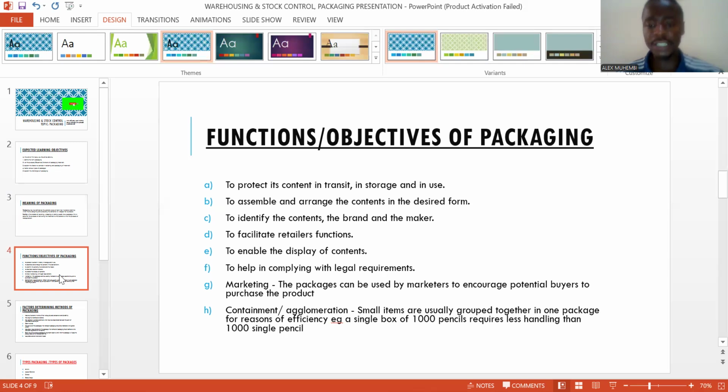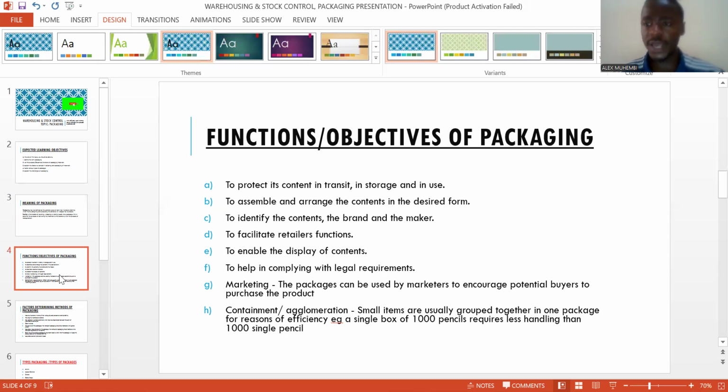Now try to imagine you have on one side a single box, just one box, which is having 1,000 pencils. In this case the box is a package, and on the other hand you have just 1,000 single pencils which are split there, or they are just placed there.